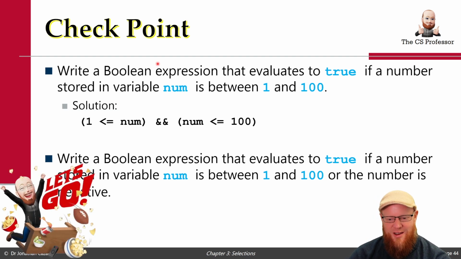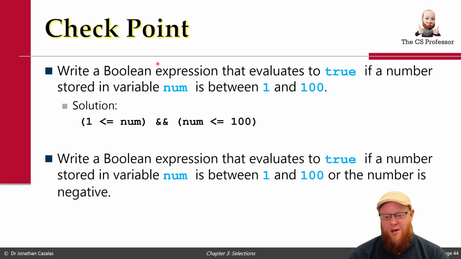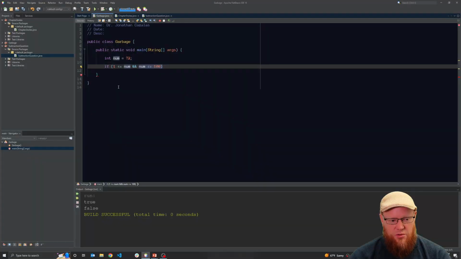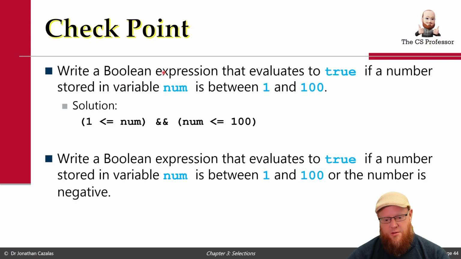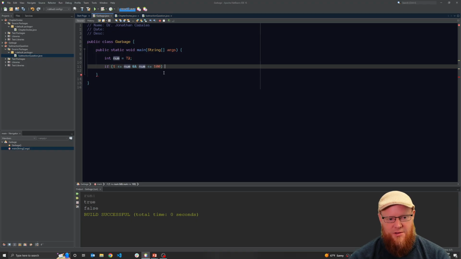Write a Boolean expression that evaluates to true if a number stored in variable num is between 1 and 100, or if the number is negative. So now we want to write a Boolean expression that evaluates to true if all of this is true, or if the number is possibly negative. So if this were Python, we'd say, or if num is negative.